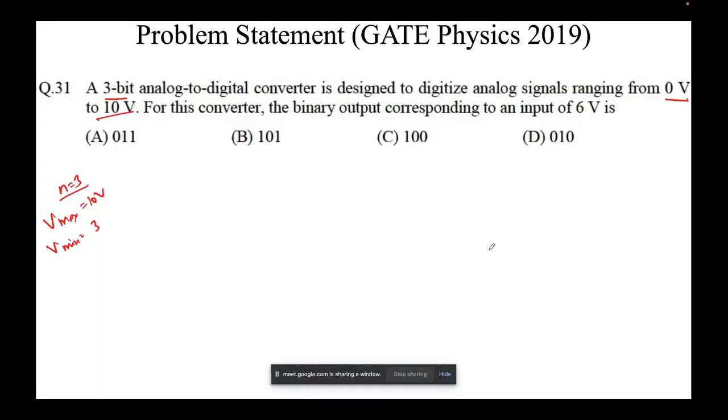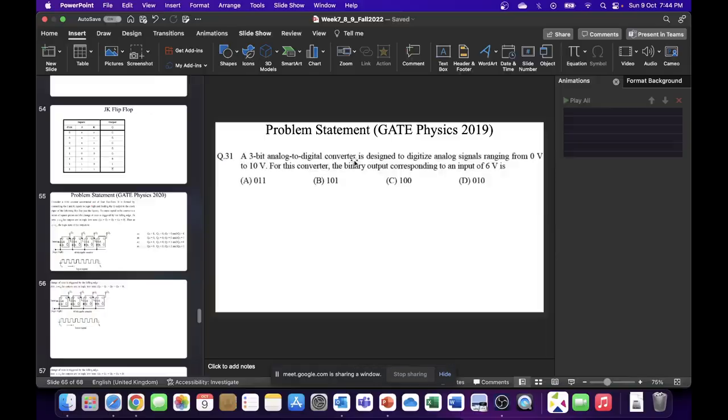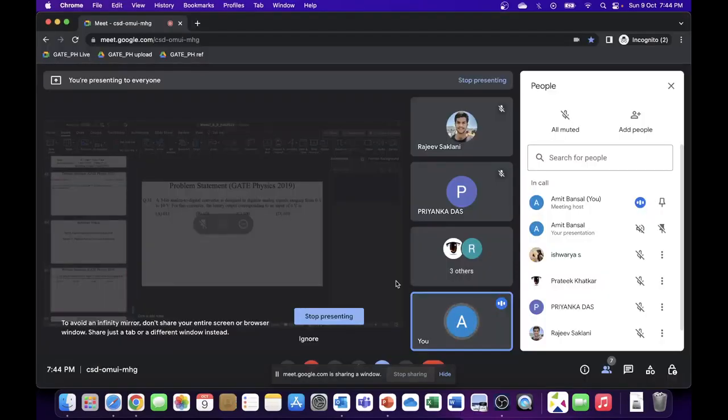Is it visible now? Yes. So what do you see? Can you see n equal to 3 written? No, sir. Okay, this is very strange, but my voice is audible. Yes, sir. Okay, I'll share again.